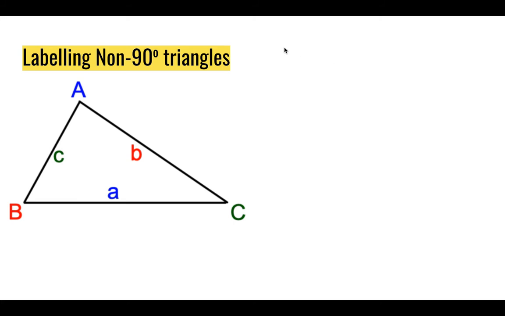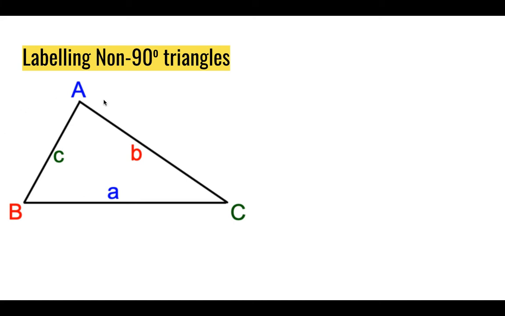So non-90-degree triangles means that every single angle that you have in the triangle is not 90 degrees. If you have a 90-degree triangle, it means that one of them is. Okay. And this is how we label triangles in general, not just non-90-degree triangles.